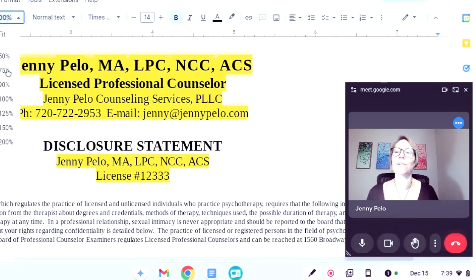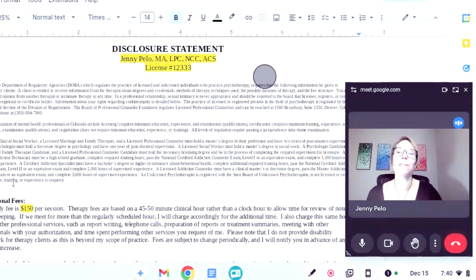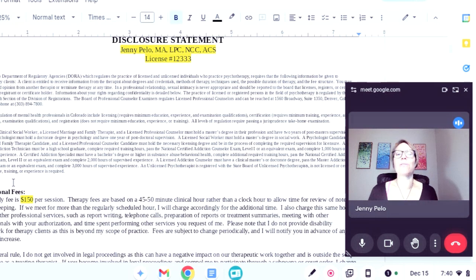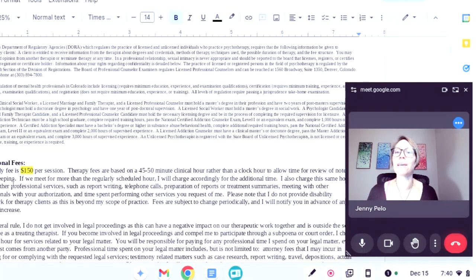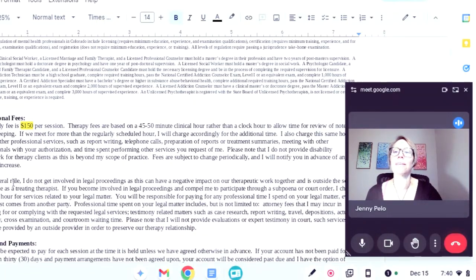Folks need to know your credentials, and they need to know your license number. A lot of the states are going to expect that you give some information about the board that issues your license, so folks know where to go if they have questions, complaints, anything like that, concerns.